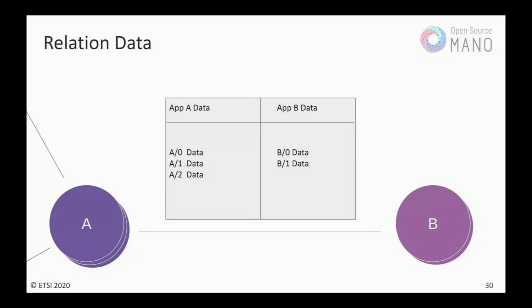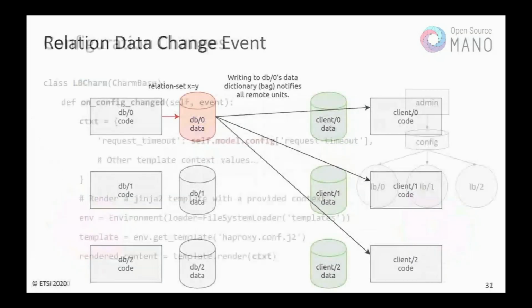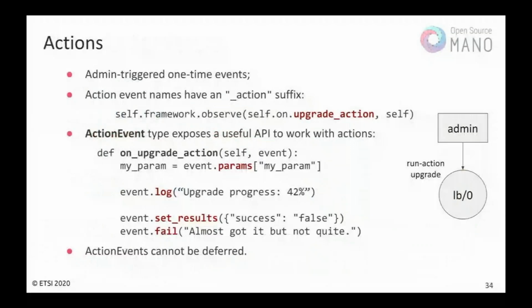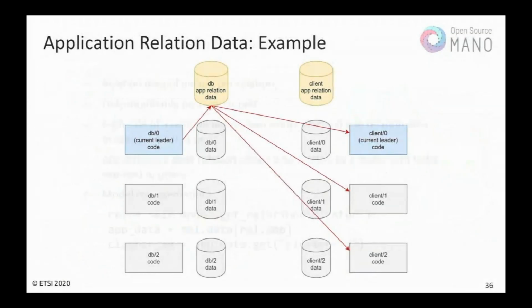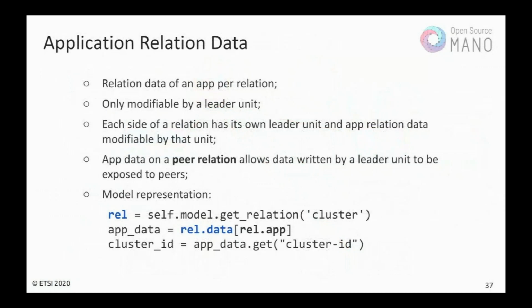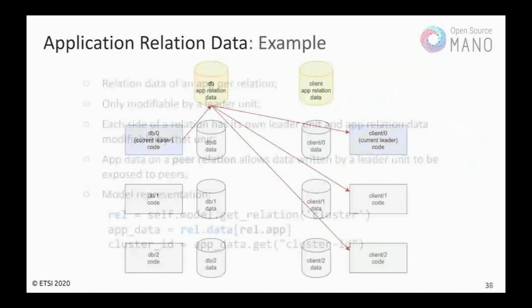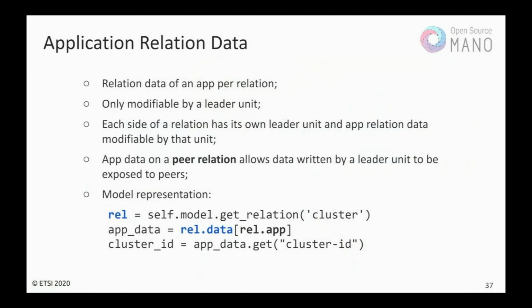So just to summarize, relations help you to connect otherwise independent applications together and get a fully integrated model working. I'm just going to go back to the slide that I stopped on, a summary of application relation data. You can write to it if you are a leader unit, and everybody on the other side will see the change.